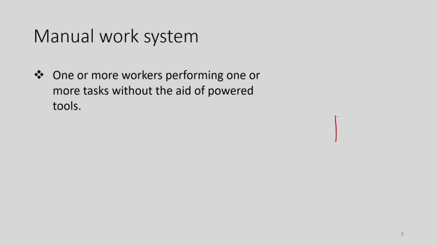A manual work system has one or more workers carrying out the manufacturing operation with tools, but the tools are not powered.